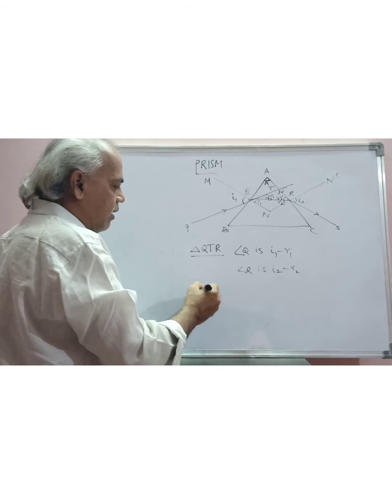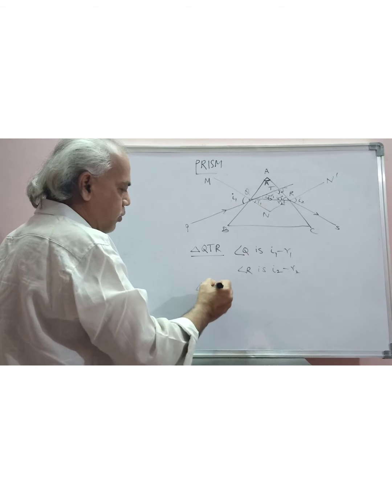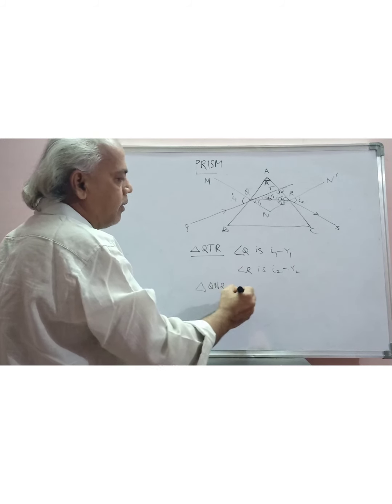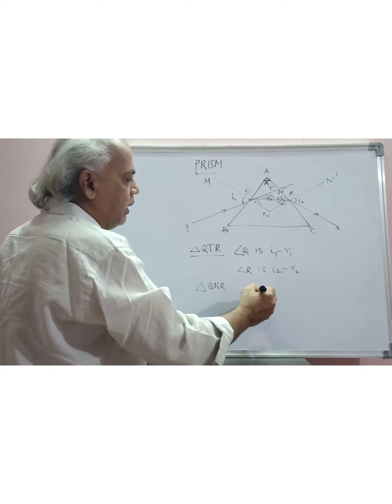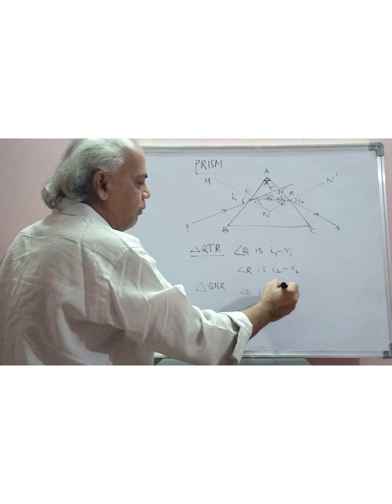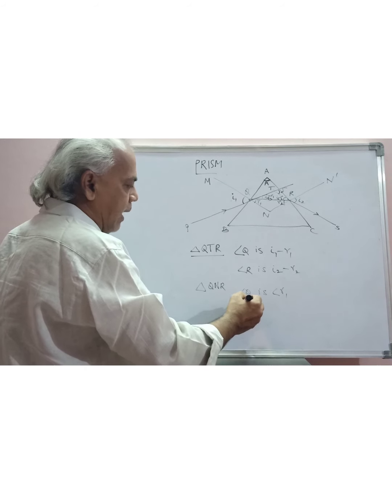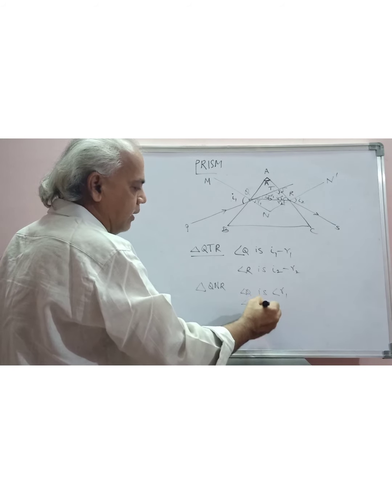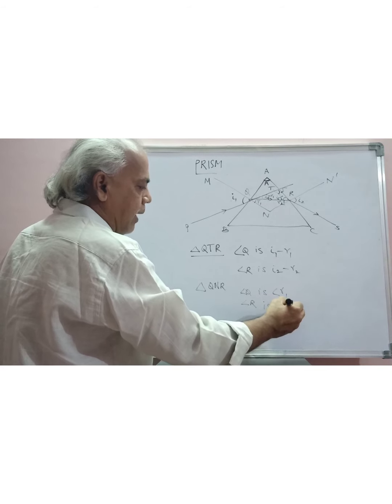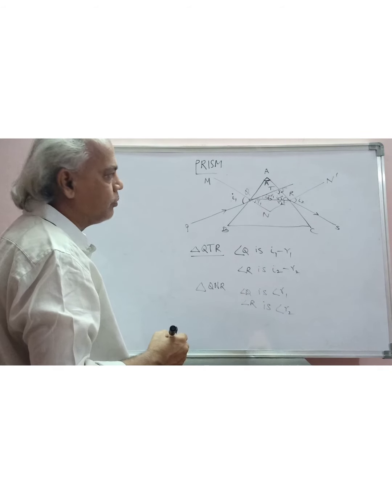In triangle QNR, the angle at Q is the angle of refraction R1, and the angle at R is R2.